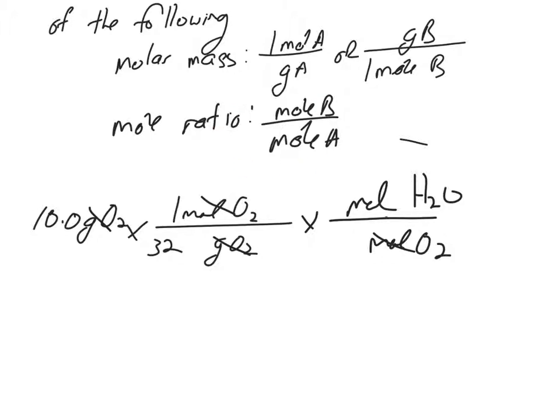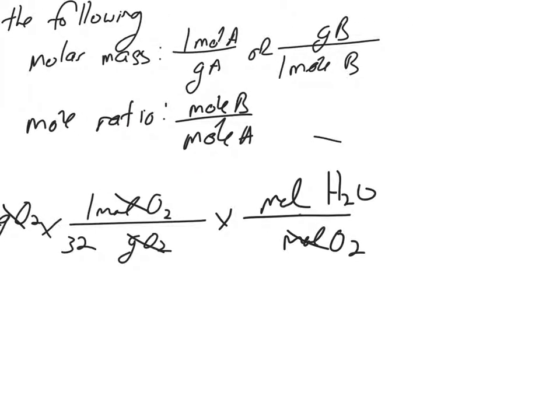We continue along by canceling as usual and then asking ourselves the question, should we use the mole ratio again or use the molar mass? Well, we've already switched from one ingredient to another here in the mole ratio, so maybe we could try our luck with grams of B, H2O, on the top.